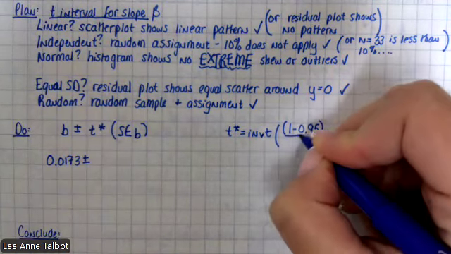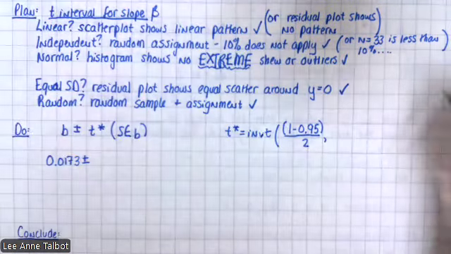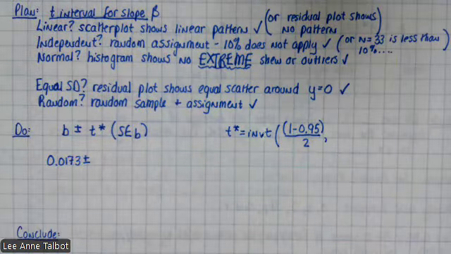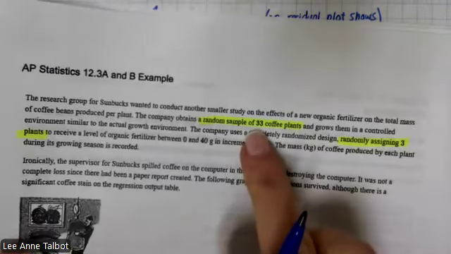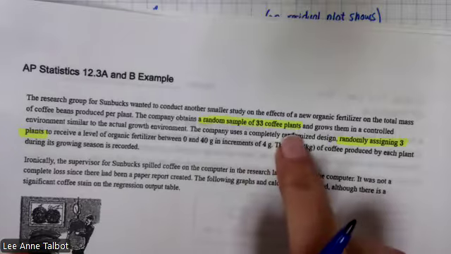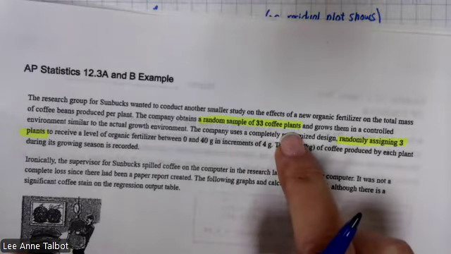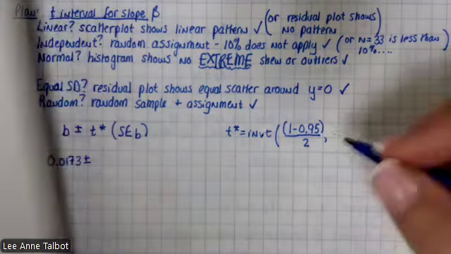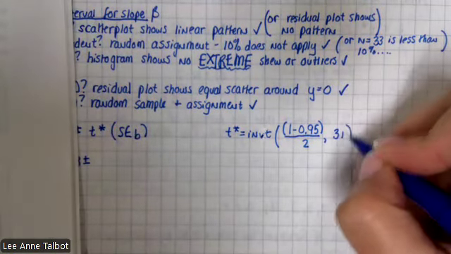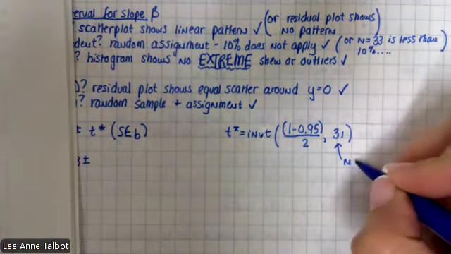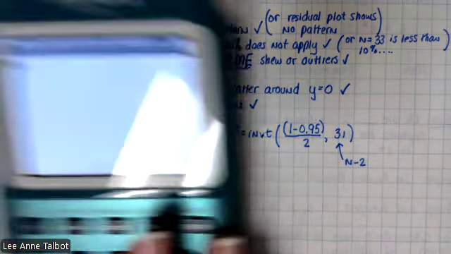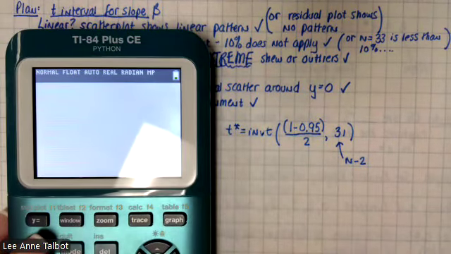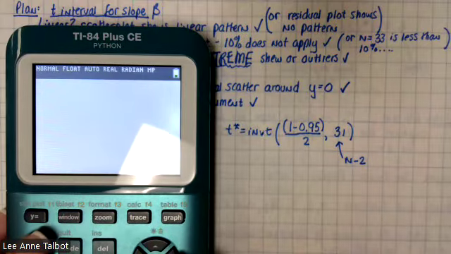Okay, degrees of freedom. Degrees of freedom is sample size minus 2. Sample size is 33 coffee plants, so degrees of freedom is 31. Let's practice this in our calculator because it's been a minute.